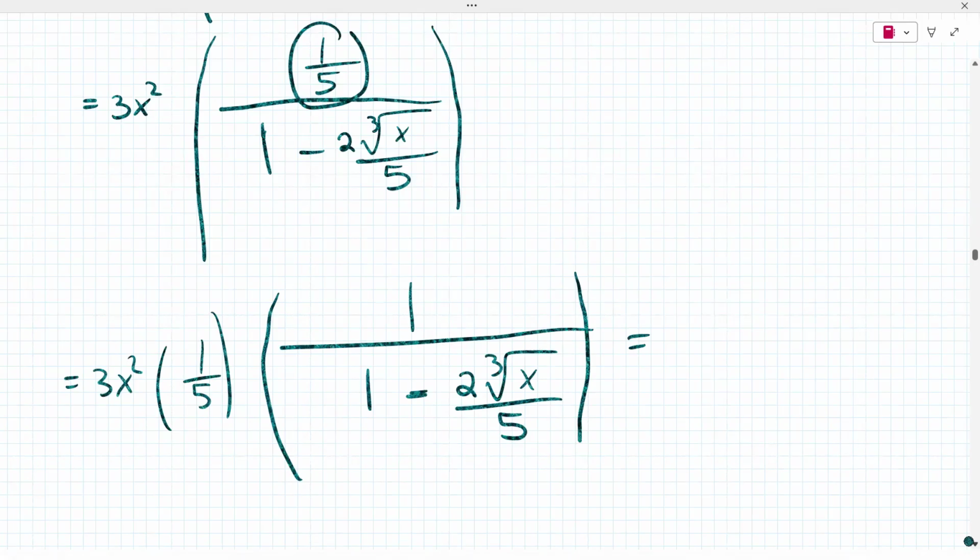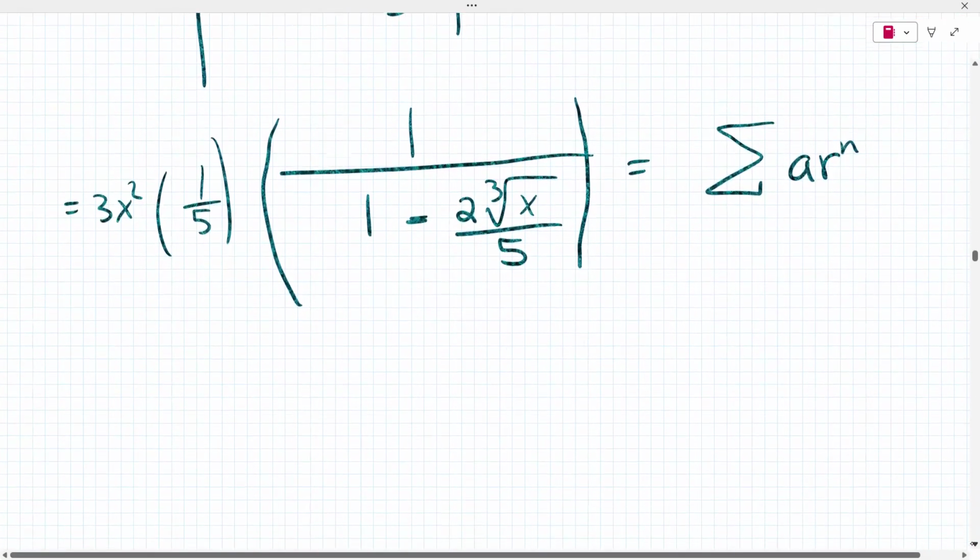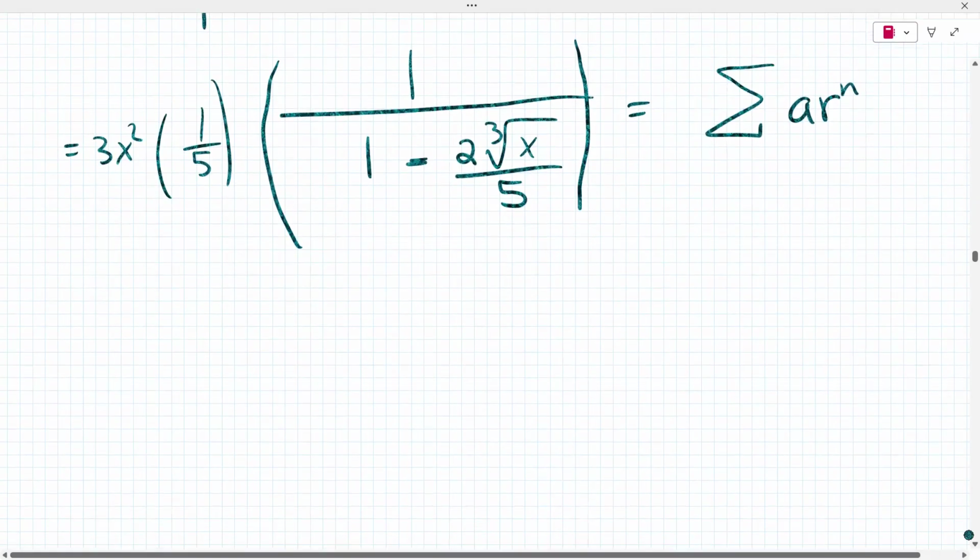That gives you the summation. So our answer can be expressed as this.